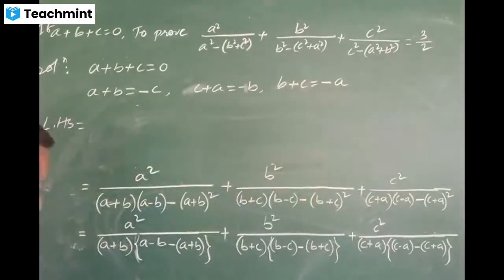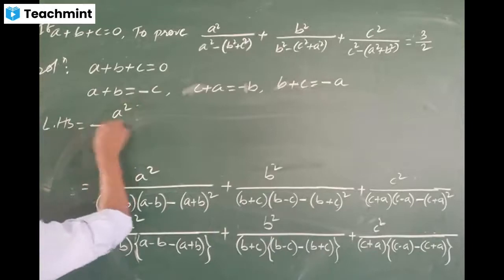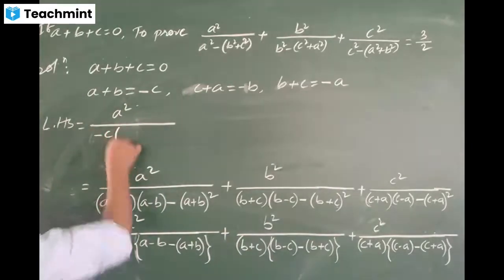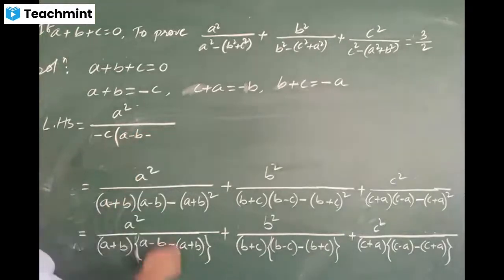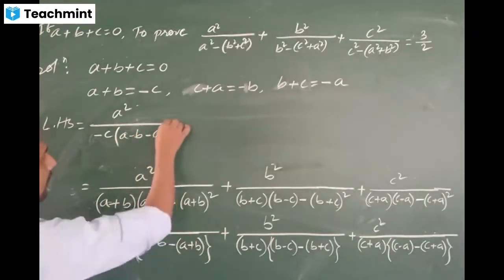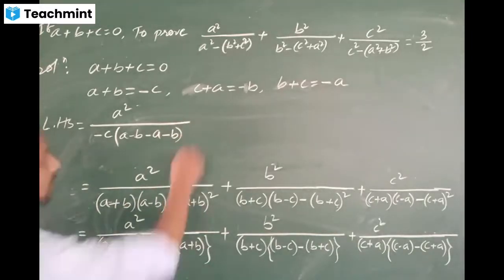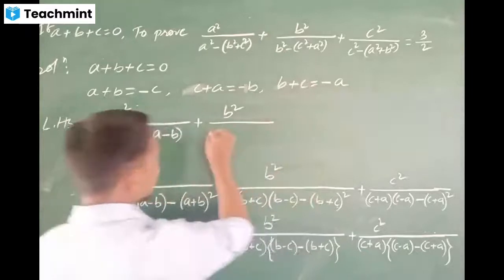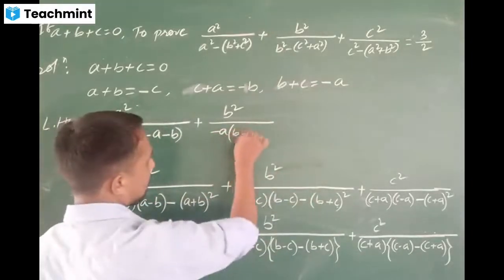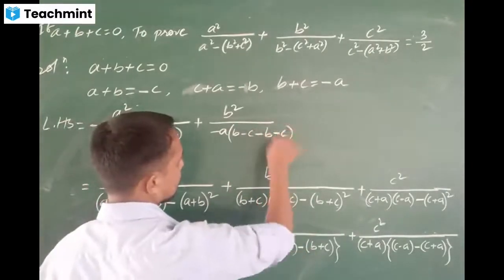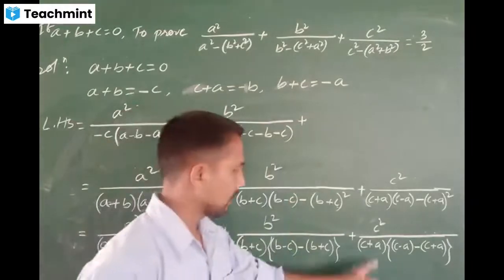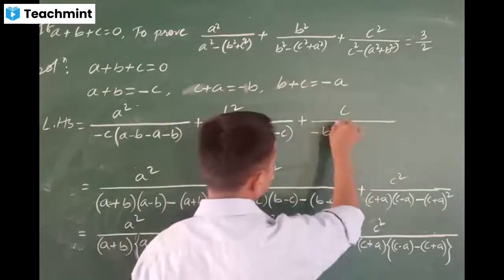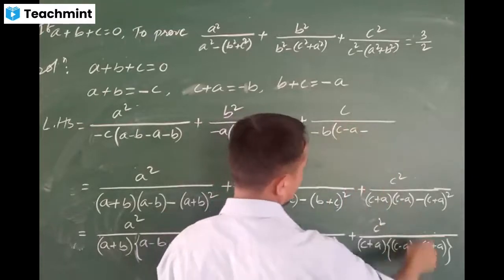The next is a square, okay, then a plus b, which is minus c, into (a minus b minus a minus b), plus b square, this is b plus c which is minus a, into (b minus c minus b minus c), plus here c square, this is c plus a which is minus b, into (c minus a minus c minus a).